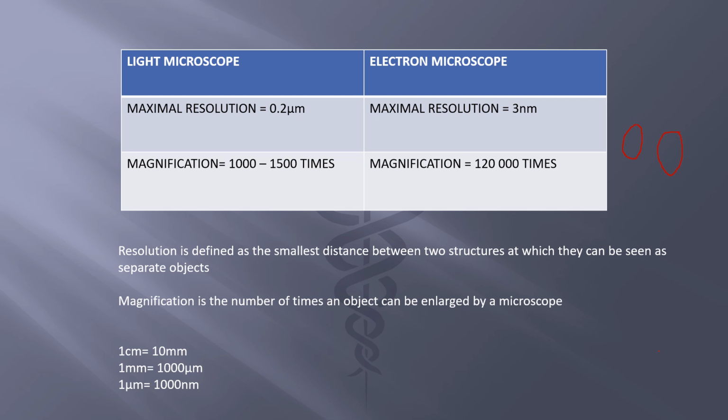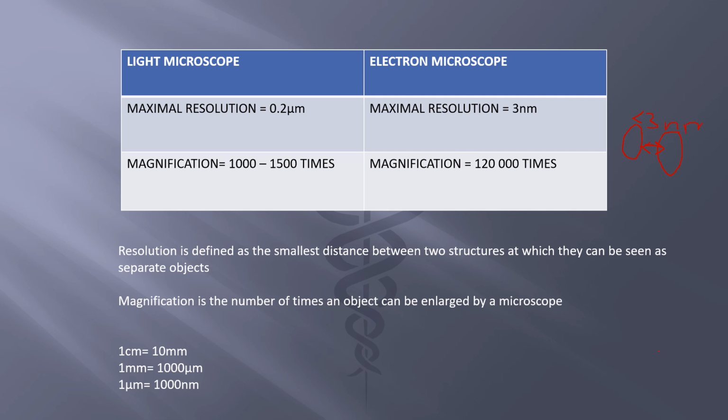So these mitochondria are separated by a distance of less than 3 nanometers. Okay, so the distance over here is less than 3 nanometers.